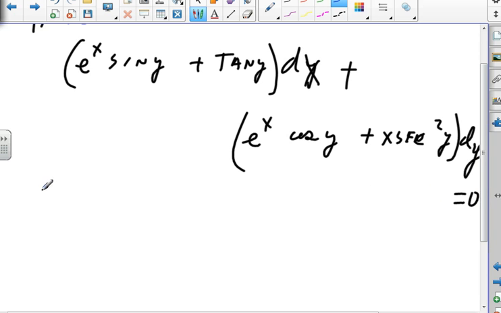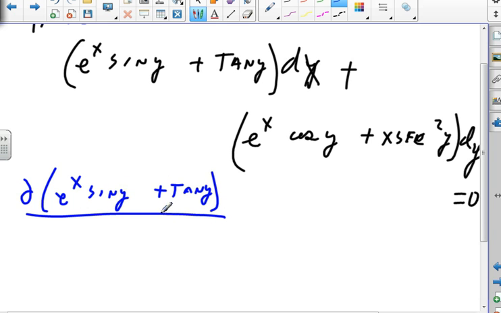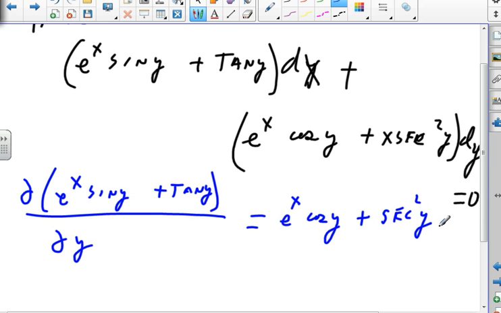Okay, so first of all, I have to check the partial of e to the x sine y plus tangent y with respect to y. That looks like e to the x cosine y plus the derivative of tangent is secant squared, right? Secant squared y.